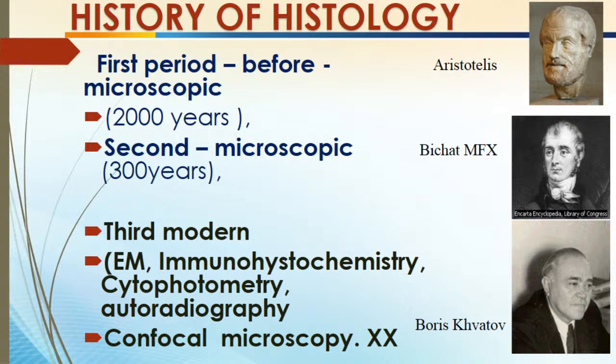The third, modern period started in the 20th century and continues now. In this time we have seen special methods like electron microscopy, immunohistochemistry, cytophotometry, autoradiography, confocal microscopy, and we have seen one of the founders of the embryological school in Crimea, Boris Khvatov. This is his photo.